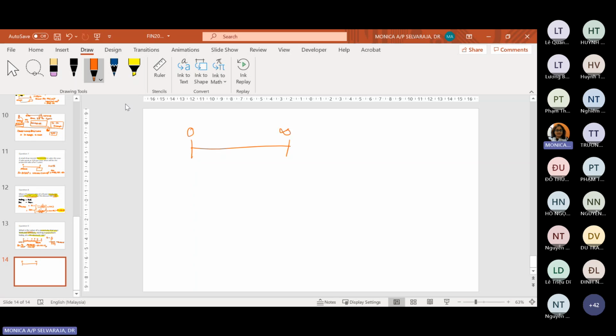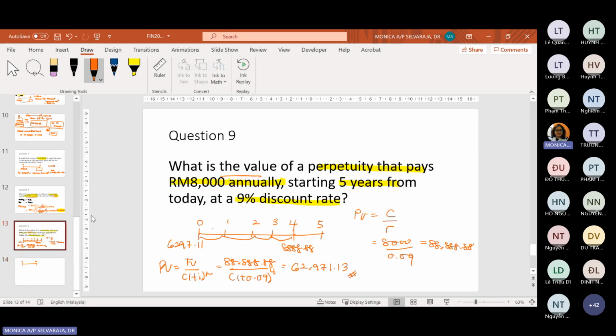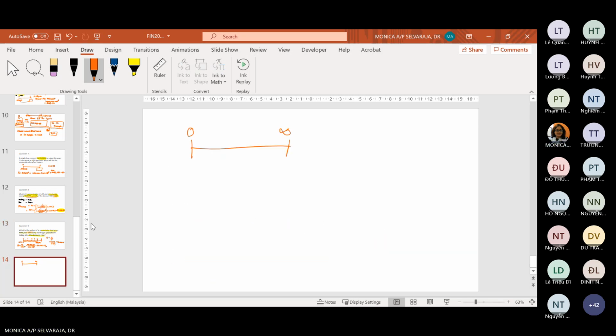So now let's say I'm getting 8,000 for an unlimited number of years. So I want to calculate what's my present value. So I will be calculating to the 0.